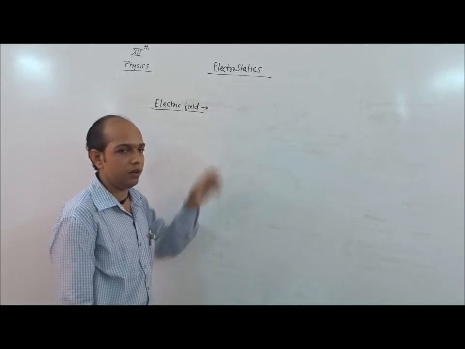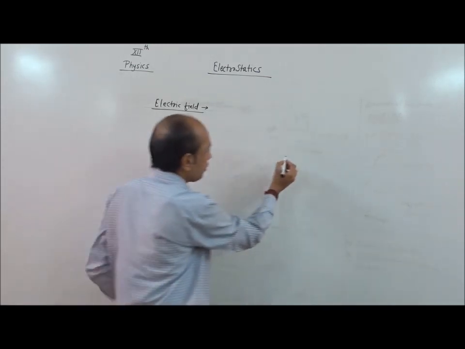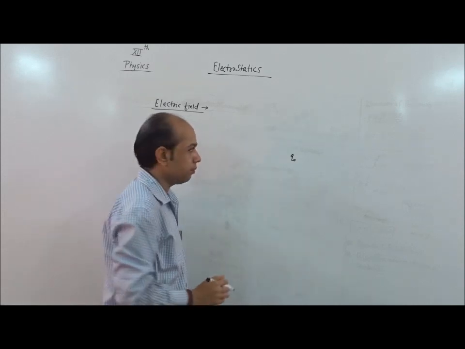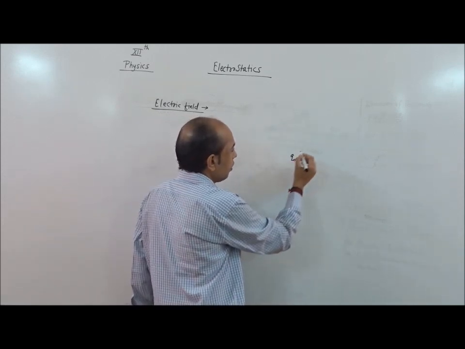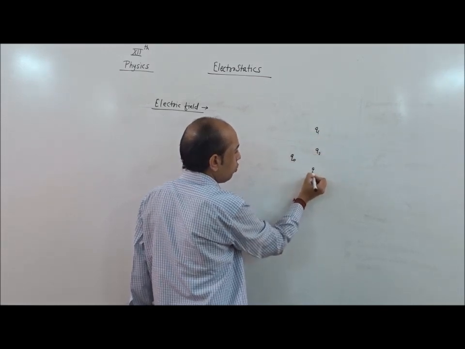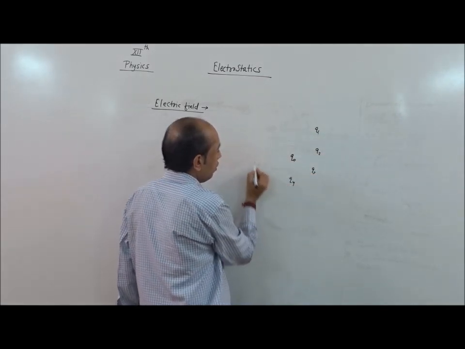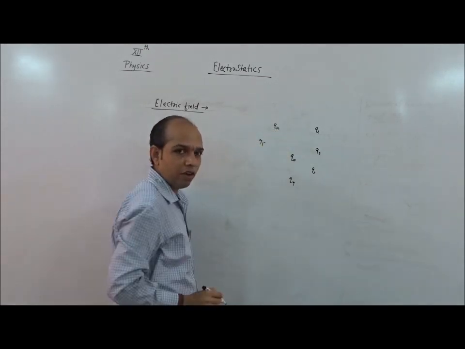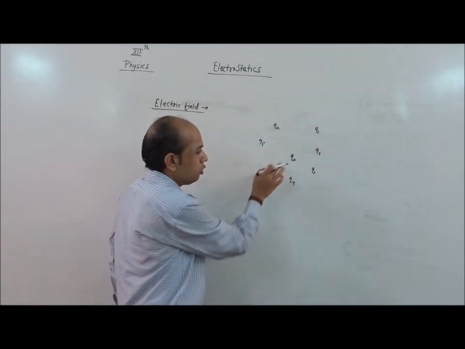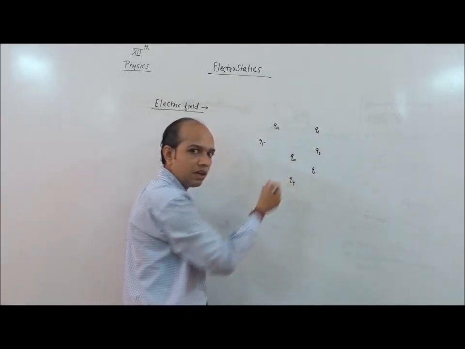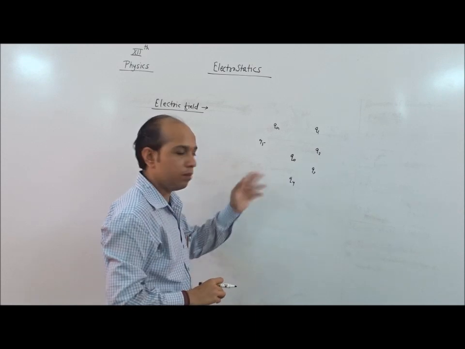Similarly, in an electric field, suppose a charge Q0 is placed and a number of charges are there, Q1, Q2, Q3, Q4, Q5 and Qn. So this Q0 charge experiences force due to the other charges as per Coulomb's law.